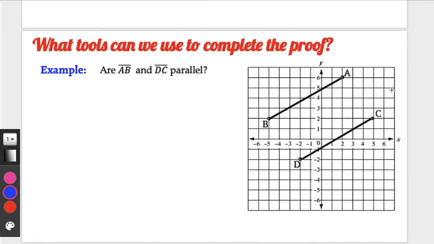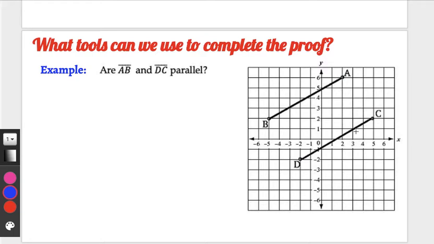Some students might say, it looks like they are never intersecting, so of course they're parallel. This kind of observation is not going to be a solid proof. We cannot say they do not intersect, so they are parallel, because the idea of not intersecting is not really proven. You have to use solid evidence to prove whether they're parallel or not.